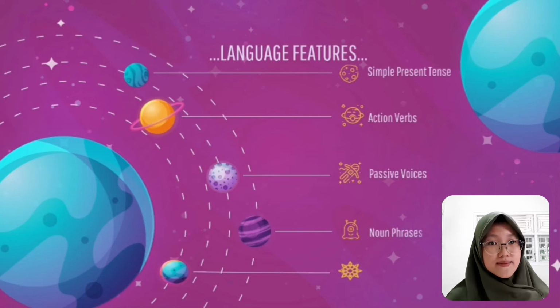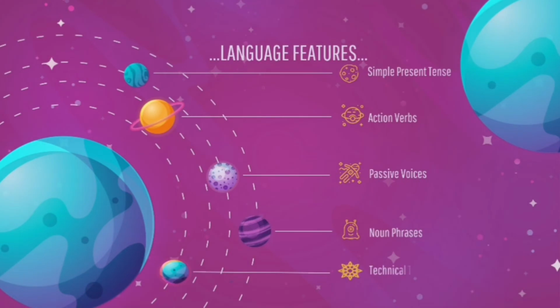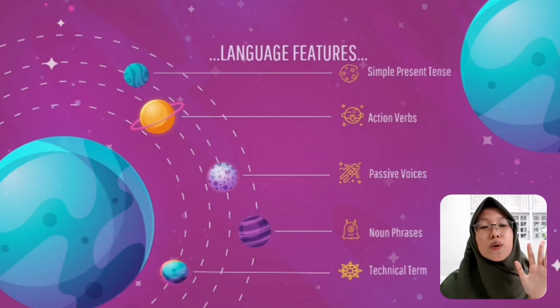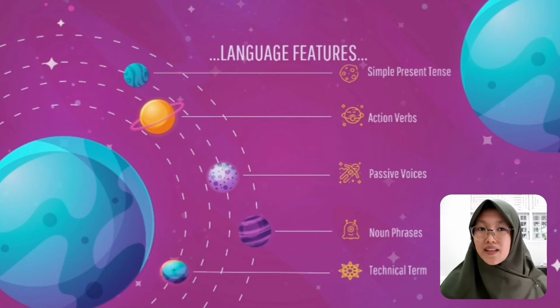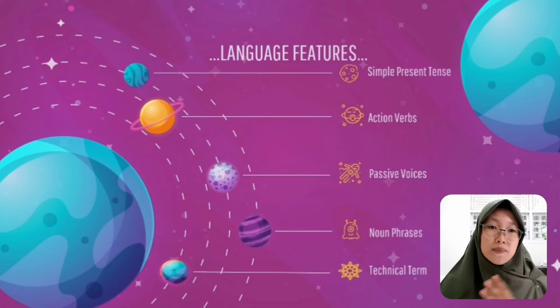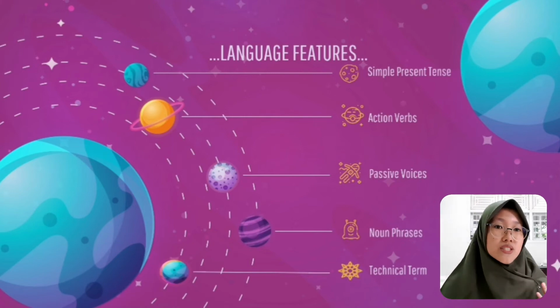It can be a person, an animal, a place, etc. For example, my name, Naila, or your name. The fifth and also the last language feature is technical terms. This refers to special terms used to explain a phenomenon or some part of the topic of the text.